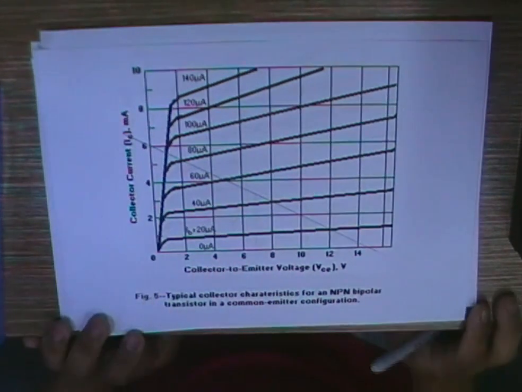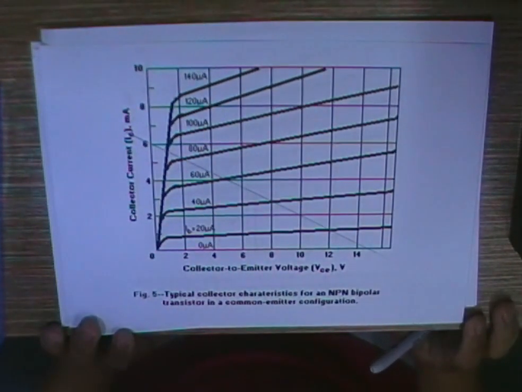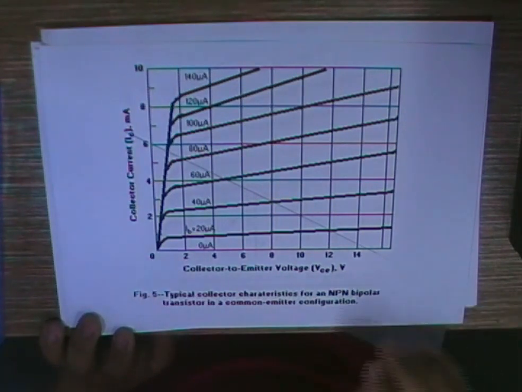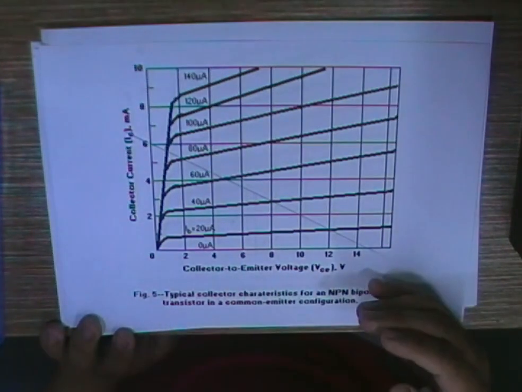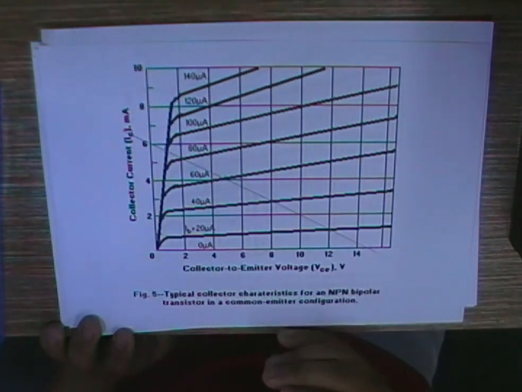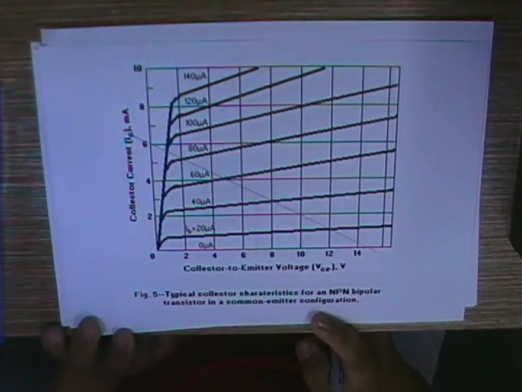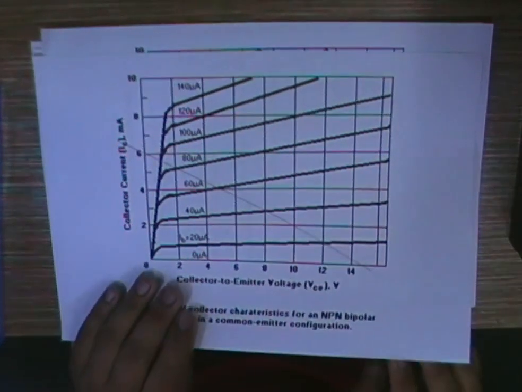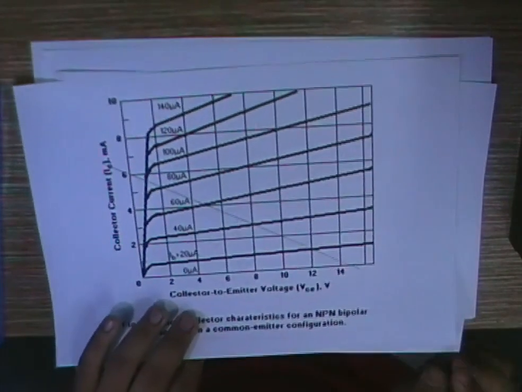So you have several ways of biasing the transistor to make it an amplifier. You can have a fixed bias, voltage divider bias, or different kinds of biasing techniques in designing the amplifier, depending on which one works and which one doesn't.